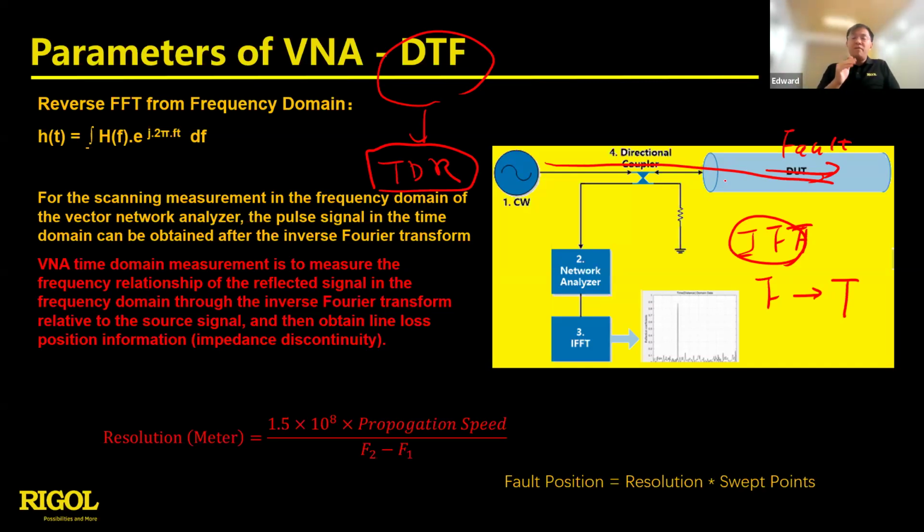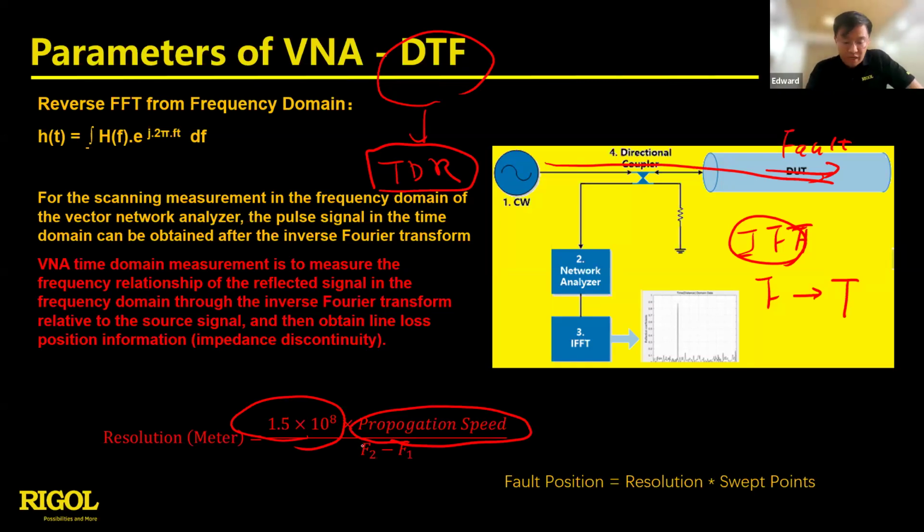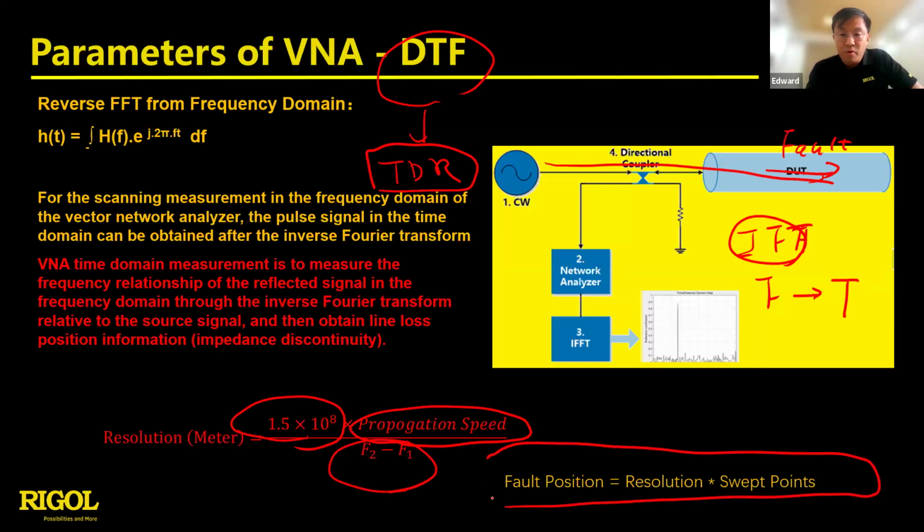By the signal behavior, we can use the velocity times the propagation time, that means we can get the whole distance, right? So we can get the resolution and the position of the fault point.